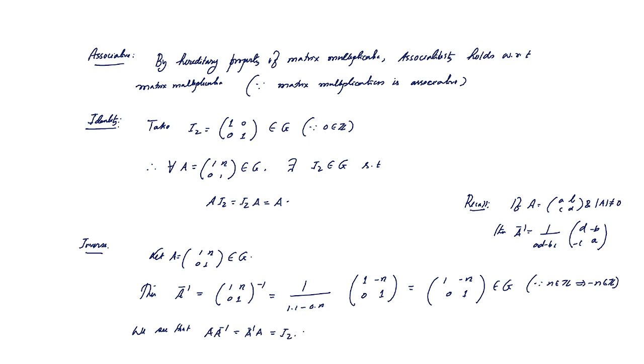So for each element, since A is arbitrary, for all A belonging to G, there exists A inverse that also belongs to G such that A A inverse equals A inverse A equals identity. So the existence of inverse also holds. So we can conclude that G with respect to multiplication, that means G is a group with respect to matrix multiplication.